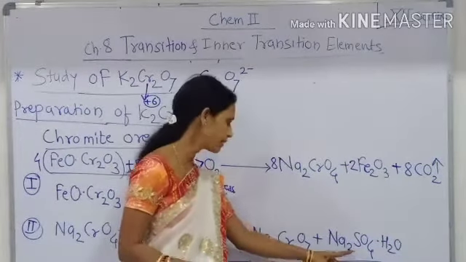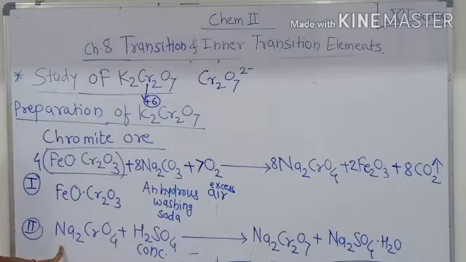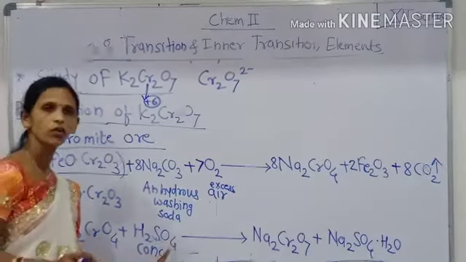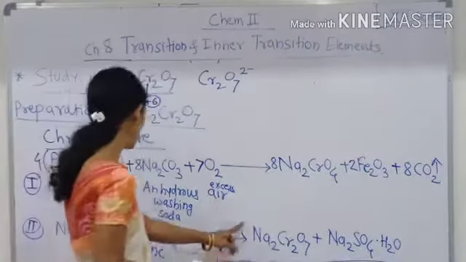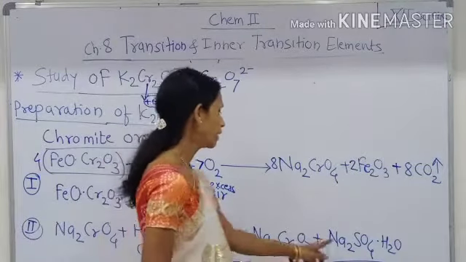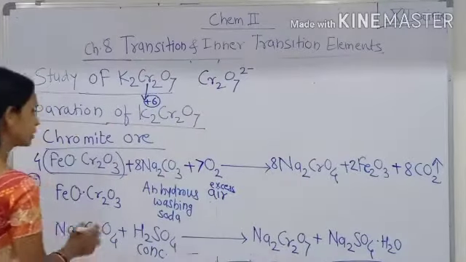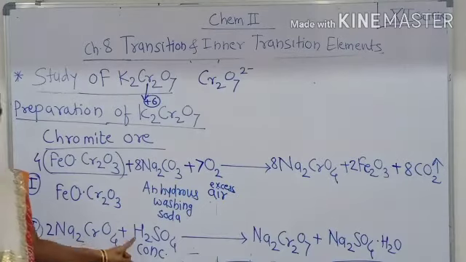Then we have to balance the reaction: Na2CrO4 plus concentrated H2SO4 gives Na2Cr2O7 with liberation of Na2SO4.H2O. Here we have to write twice Na2CrO4.